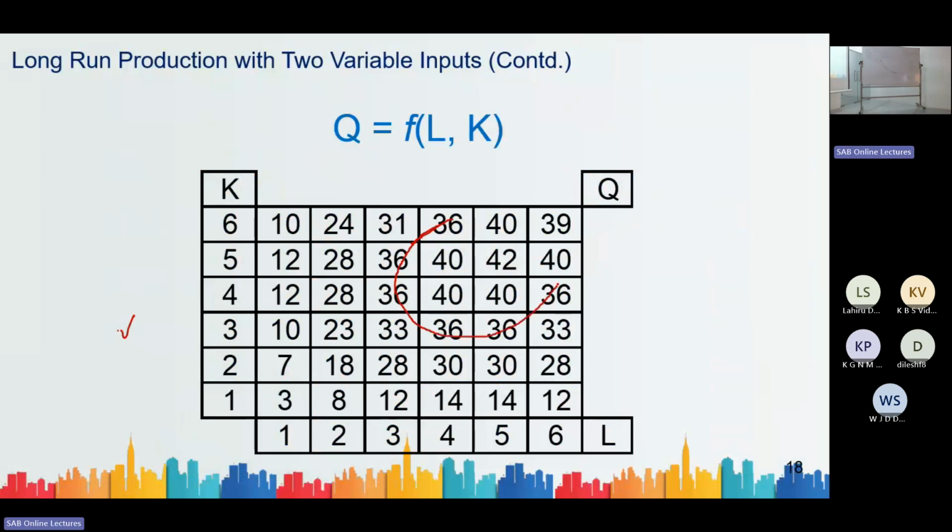Likewise, we can draw another isoquant. Another isoquant can be derived for 12 units, like this. Another one can be derived for 28, 30, 40. What else? Yes, that will be.